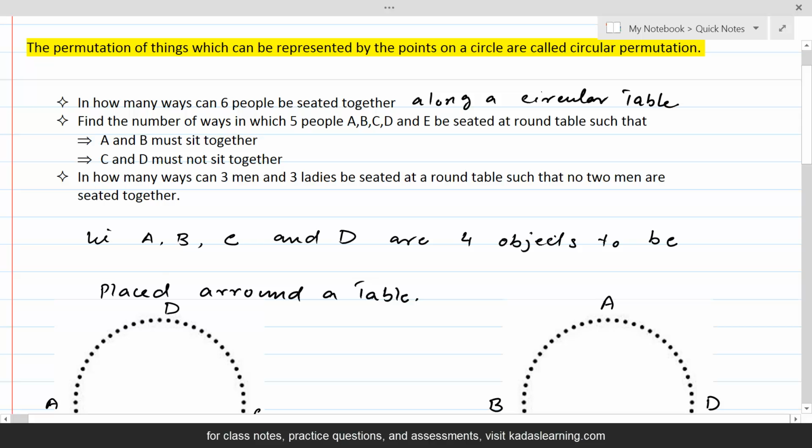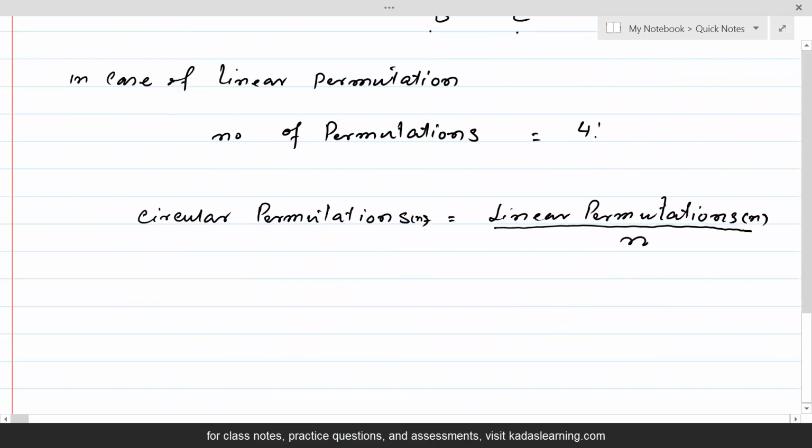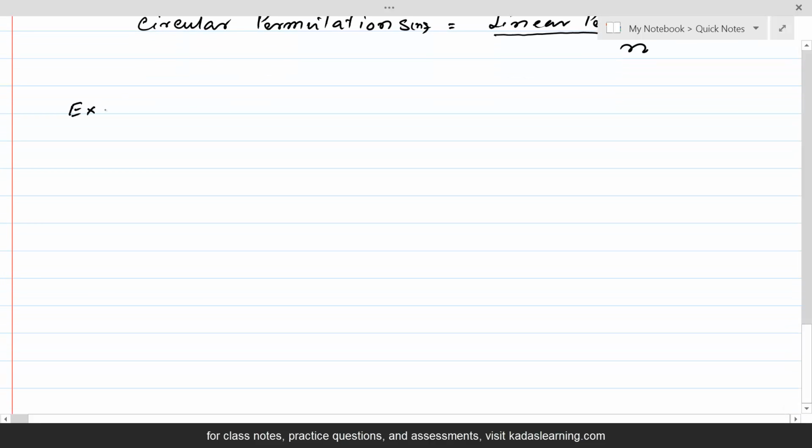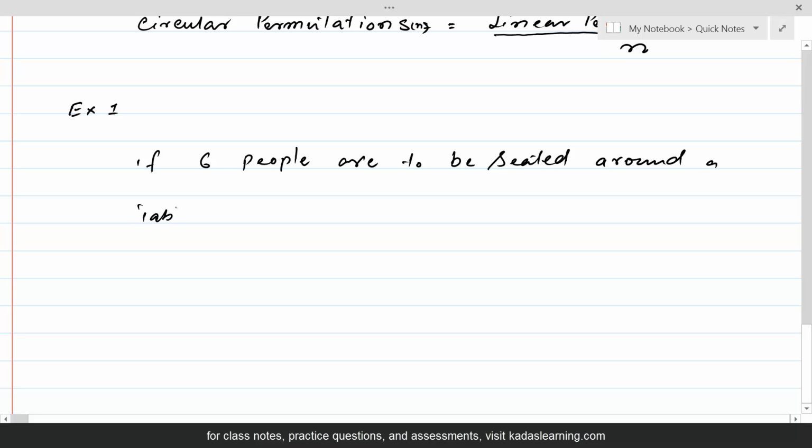So if that is the question, then the number of arrangements, example 1: if 6 people are to be seated around a table, then the number of circular permutations would be equal to 6 minus 1 factorial.